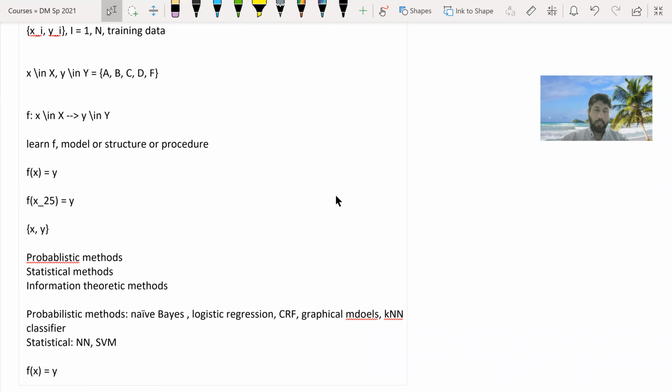And then information theoretic: here, of course, we have the decision trees. So decision trees are actually information theoretic in nature. They are based on concepts from information theory.